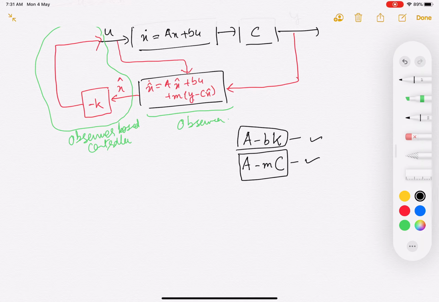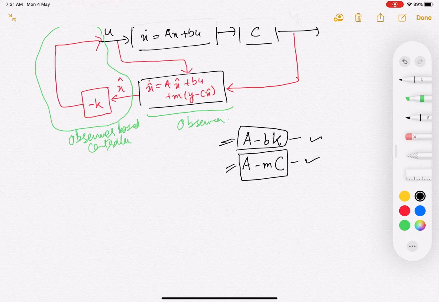So the question that automatically arises is, do you still have control over the eigenvalues of A minus BK and the eigenvalues of A minus MC? That is, can you still arbitrarily decide what should be the dynamics of the plant, and also arbitrarily decide and fully control the dynamics of the observer?